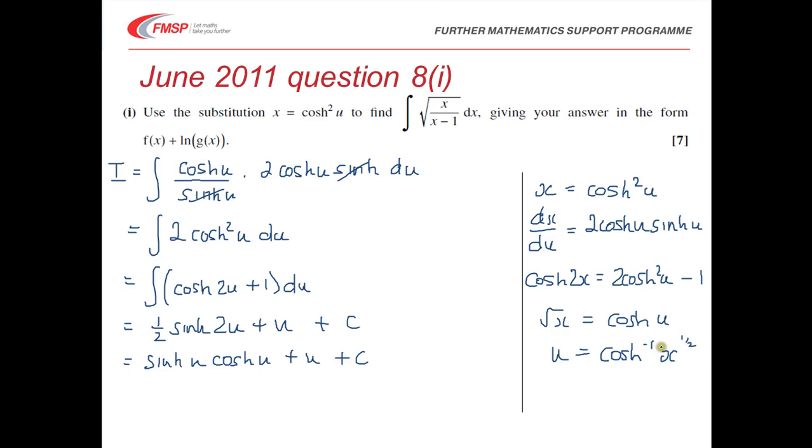So we have that information, so we can substitute back in now. So sin u is going to be x minus 1 to the half, cos u is going to be x to the half, and then u, and again you can check this from your formula books, cos to the minus 1 of x to the half will be log of x to the half plus x minus 1 to the power of a half, plus c.